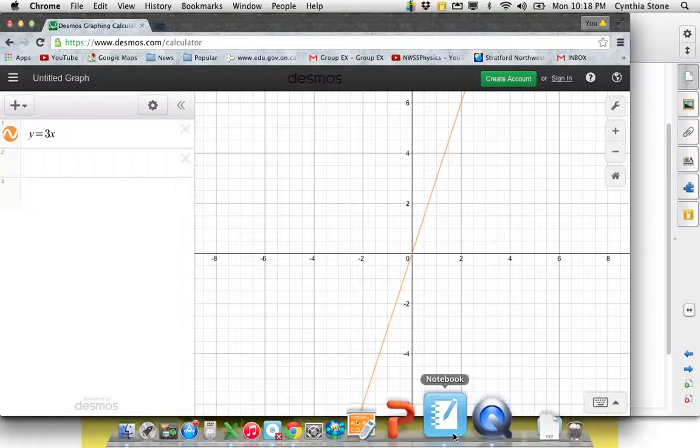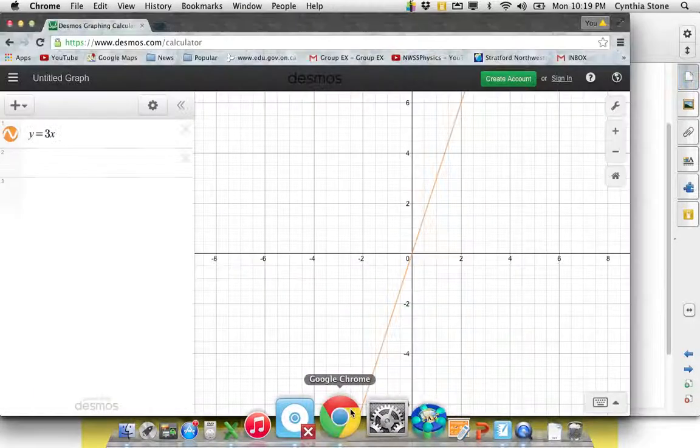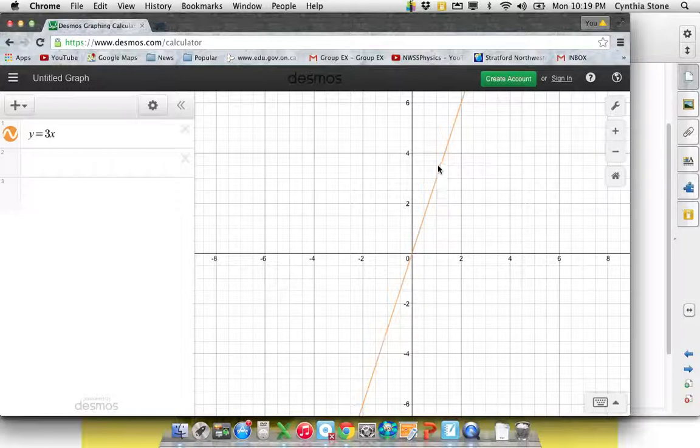Because in the note, I mentioned rise, how much a line goes up by. How you see that is, you pick arbitrarily, which means you can pick any ones you want. You pick any 2 points on your graph. Say I picked this one right there, 0, 0, and another one right there, which would be 2 and 6.